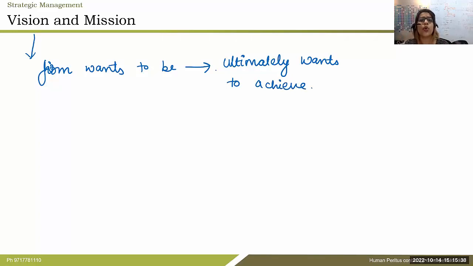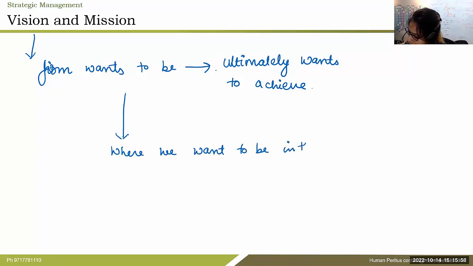As in, what do you want to become? What is your future goal? How do you see yourself in the next 10 years or in the next 5 years? That is what a vision statement is. It talks about where we want to be in the future.